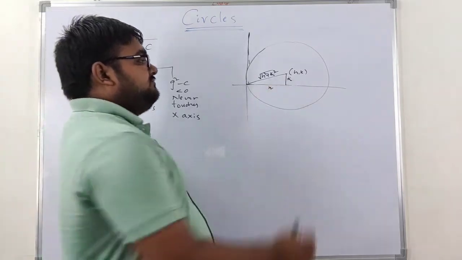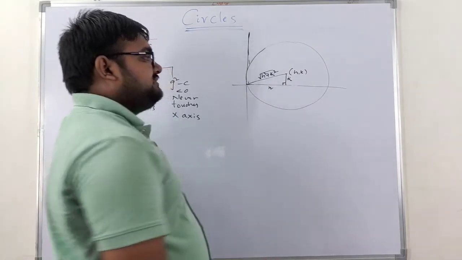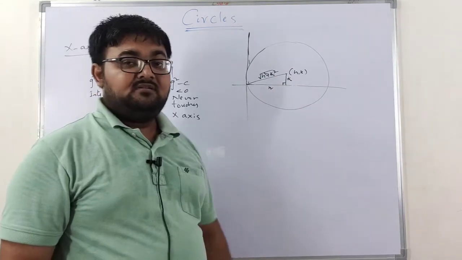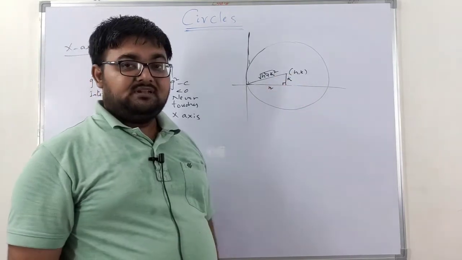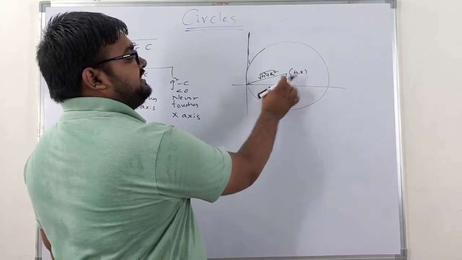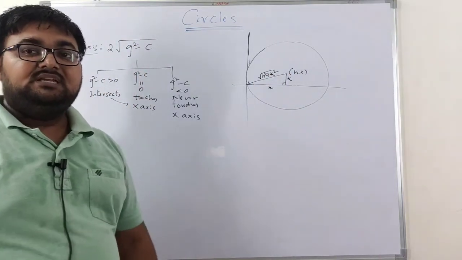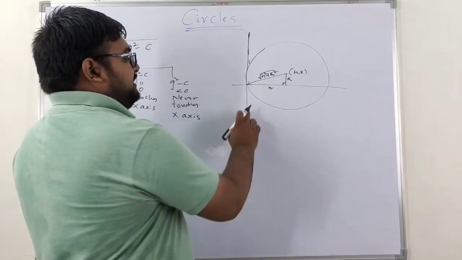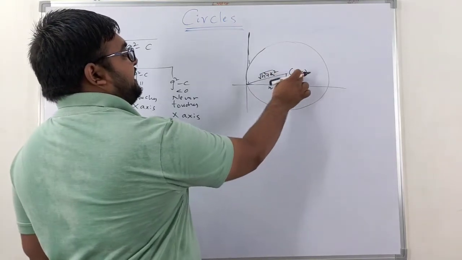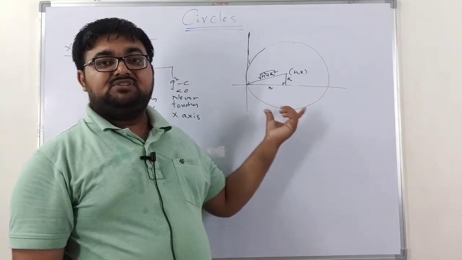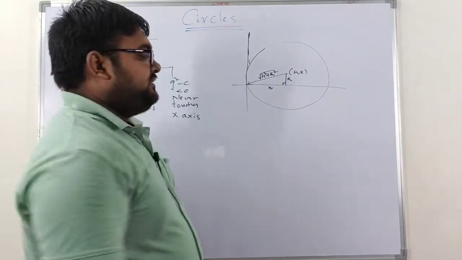Already we have discussed that when a line is drawn perpendicular onto the chord, it bisects the chord perpendicularly. So this is h, this is k, then this is the square root of h square plus k square. Now if I know the center and the radius, then I can find the equation of this circle.